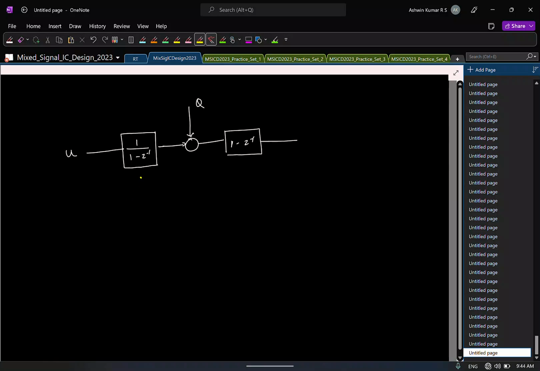Here is the output of the ADC, a digital number. Subtracting one number from the previous sample is trivial. What is this other block, 1 by 1 minus Z inverse? What operation is it doing? It's an integrator.